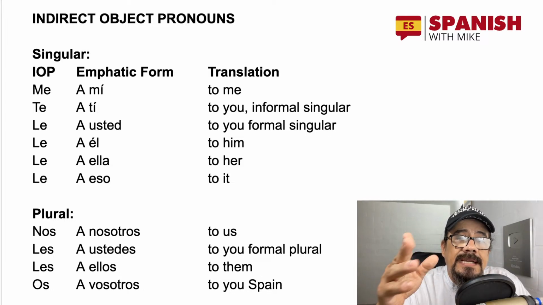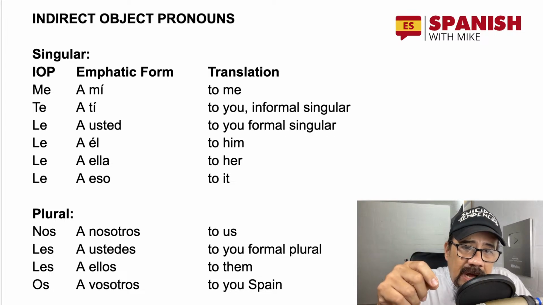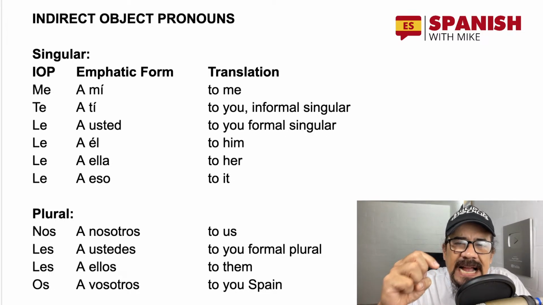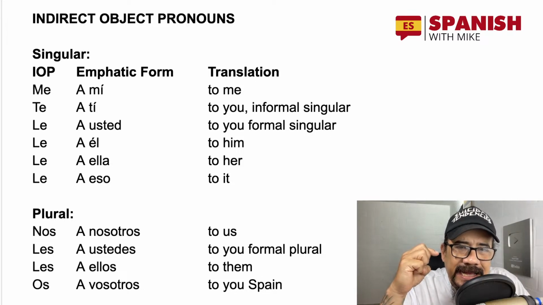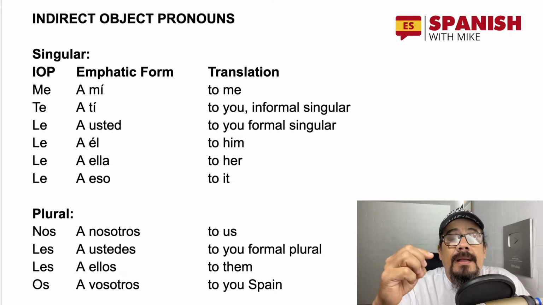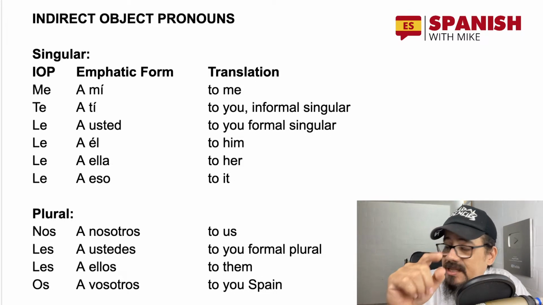They are used to indicate to whom or for whom an action is performed. And these pronouns are a crucial part of Spanish grammar. They can help make sentences more concise, less repetitive. And of course, there's more to this when we talk about indirect object pronouns.